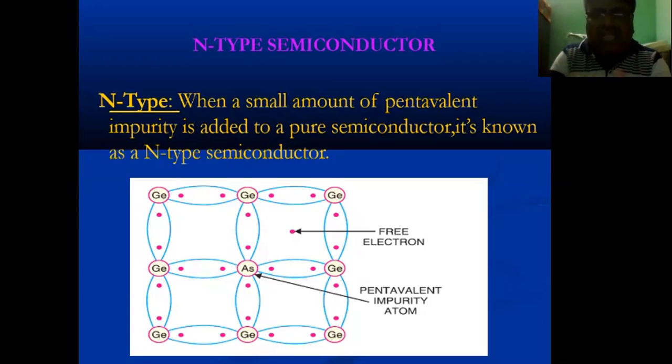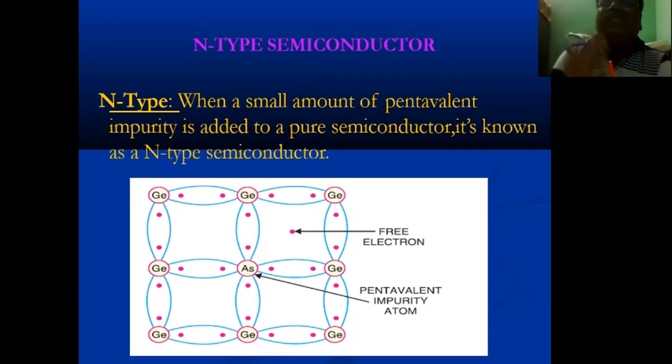For your understanding, I drew a diagram of the atomic structure. What is the N-type semiconductor? My answer is: when a small amount of pentavalent impurity is added to a pure semiconductor, it is known as an N-type semiconductor.